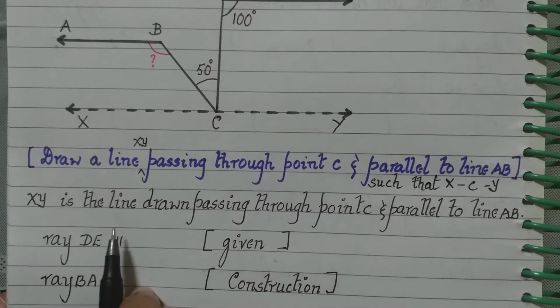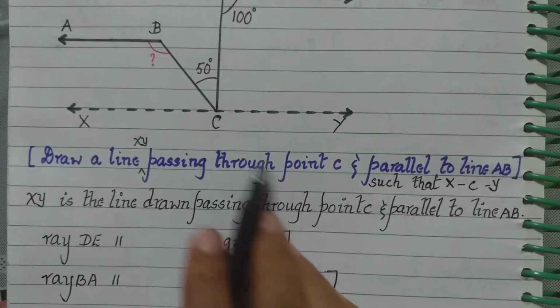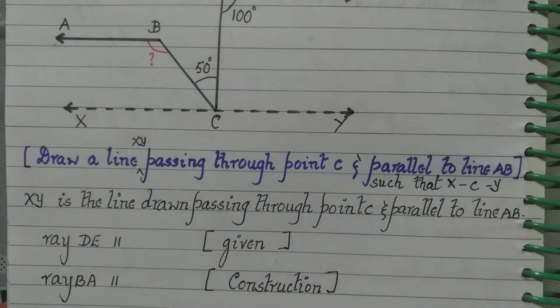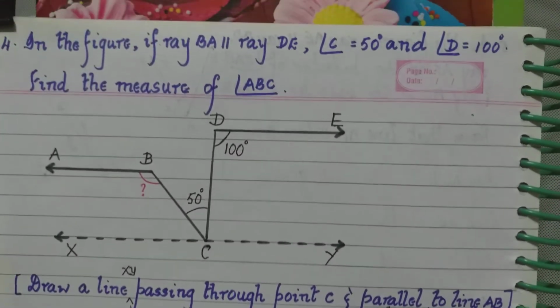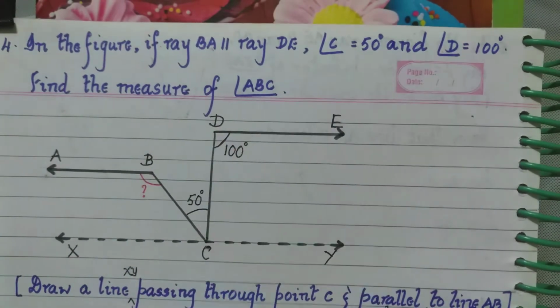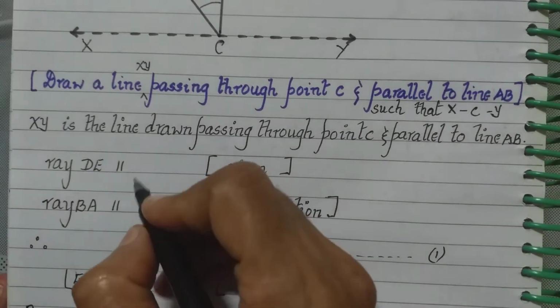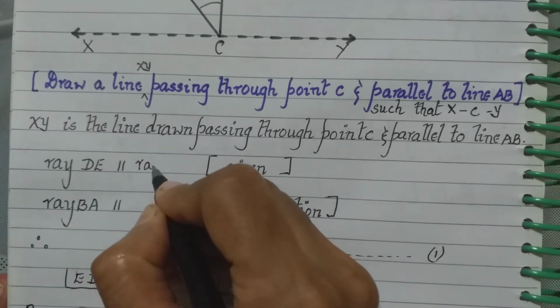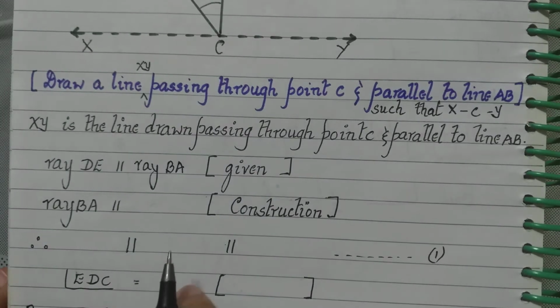So we continue. XY is a line drawn passing through point C and parallel to line AB. Now ray DE, you see what is given. Ray DE is parallel to ray BA. So we write ray DE parallel to ray BA, which is given to us.